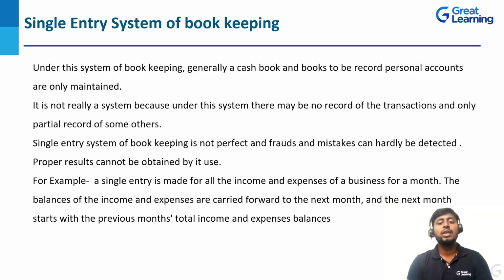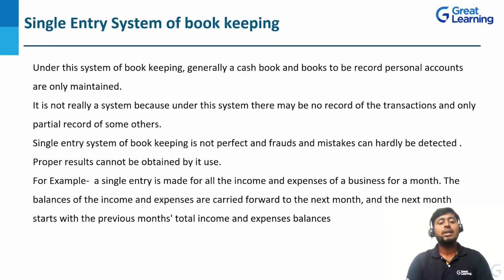Only when there are fewer transactions is it implemented. Even then they record only cash inflow and cash outflow in the cash book, and any credit given, for example to a customer, they record in the personal accounts. So these are the two books they maintain in the single entry system: one is the cash book and the other is the personal book.